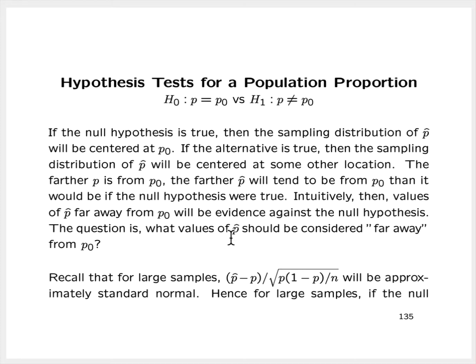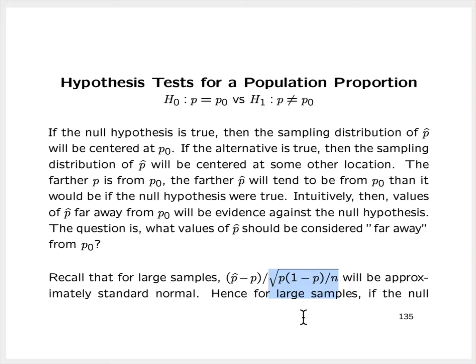Now, recall that for large samples, p hat minus p, and here we have the standardized version of p hat. And notice now in this situation, I don't have hats on the p down here in the denominator. So this is the true standard error of p hat. Now, we won't know p if we're performing hypothesis tests about p.